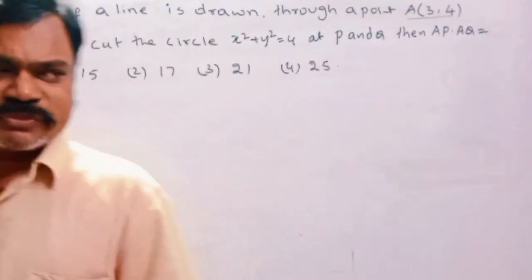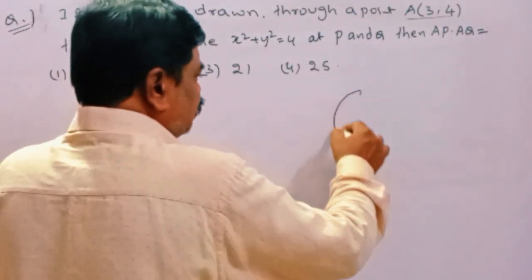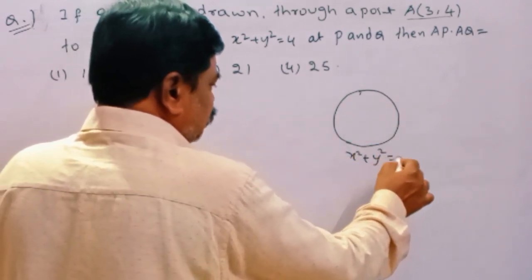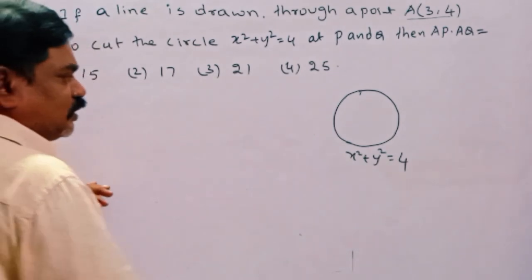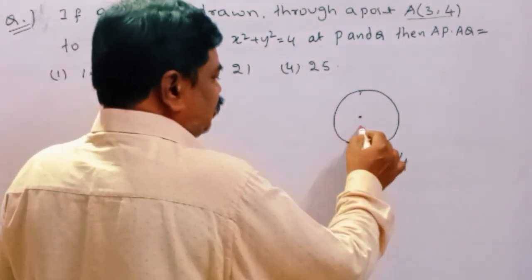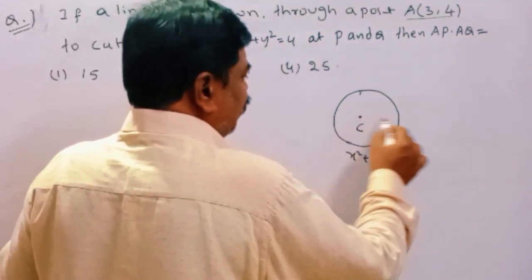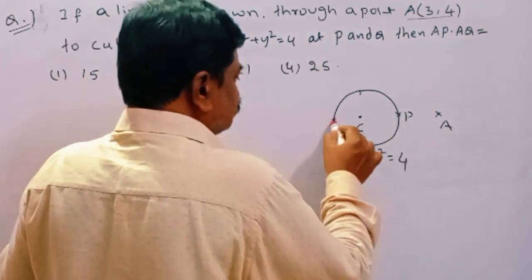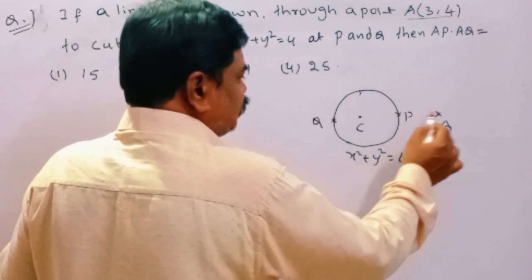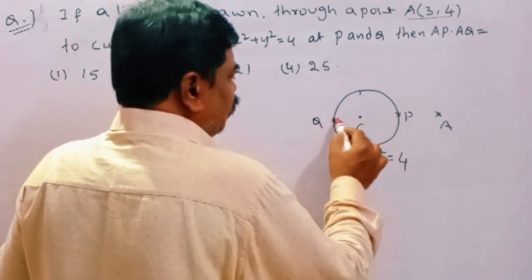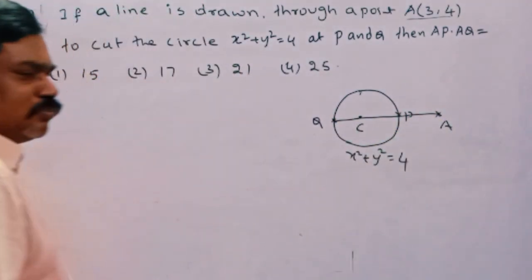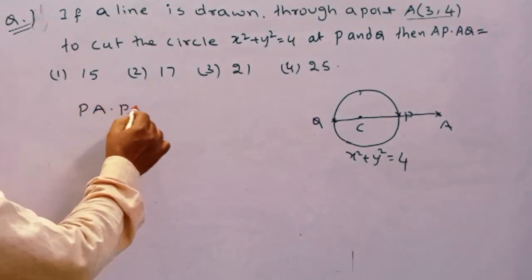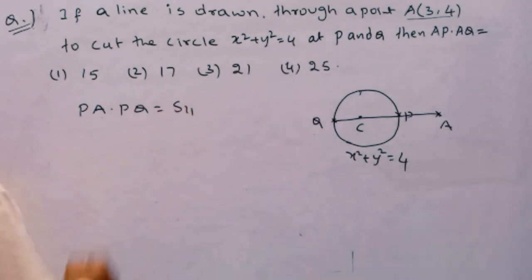Here you see, this is the circle x square plus y square is equal to 4, and the center of the circle is C, and this is the point A, this is the point P, this is the point Q, this is the shortest distance, this is the longest distance. Then we know that PA into PQ is equal to S11.